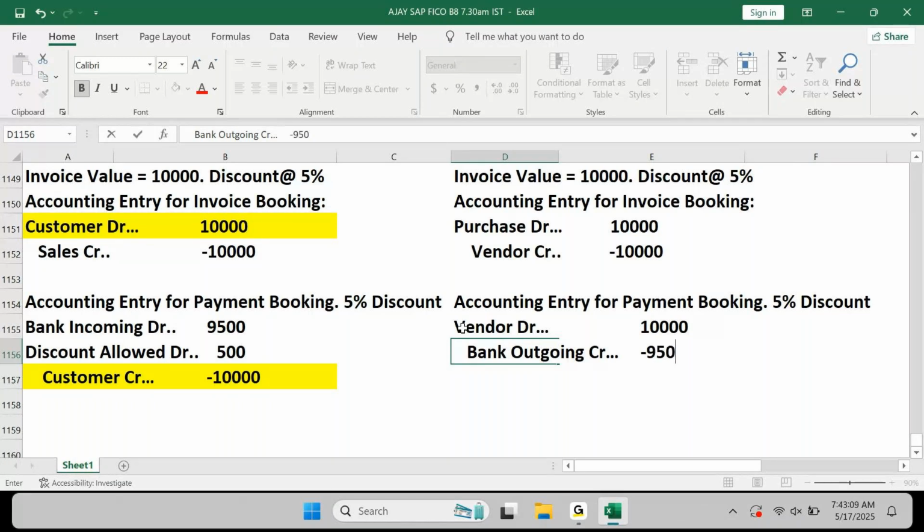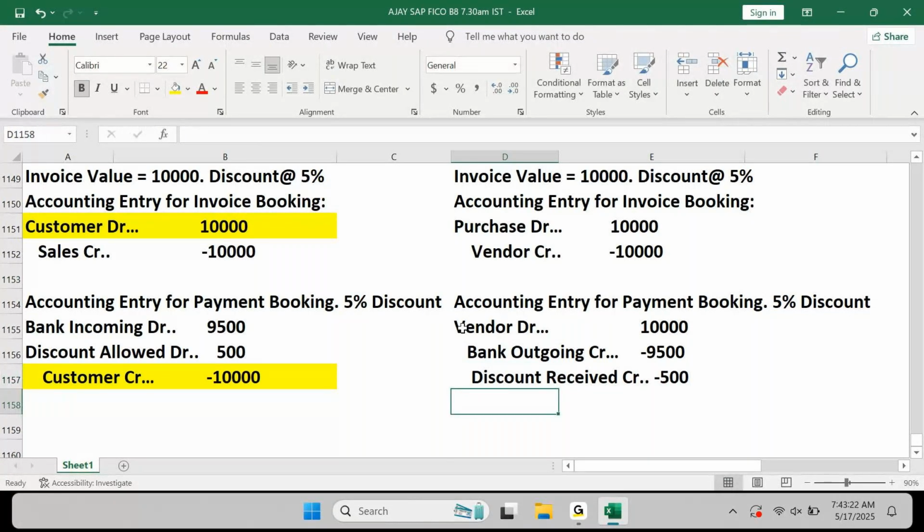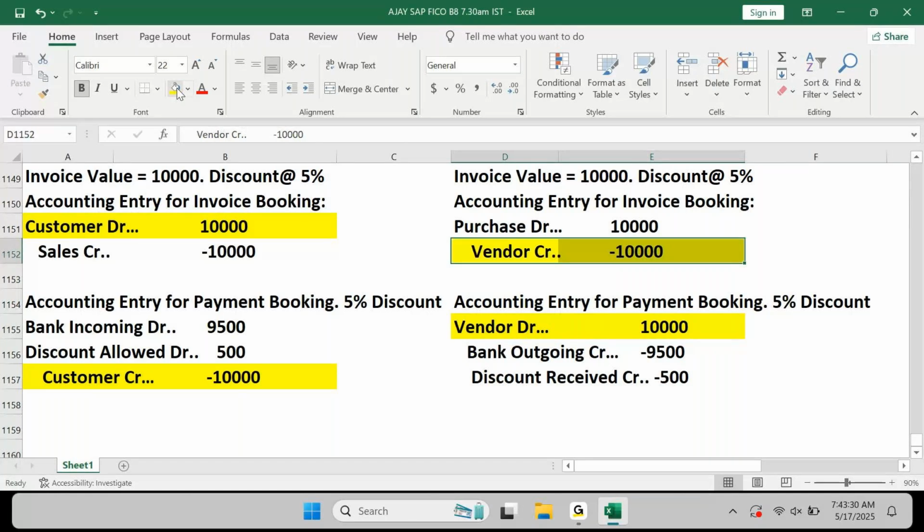Discount received 500 credit. Correct. Now in this also, vendor account is 10,000. Any impact on customer or vendor account?